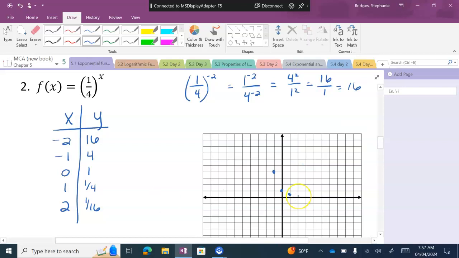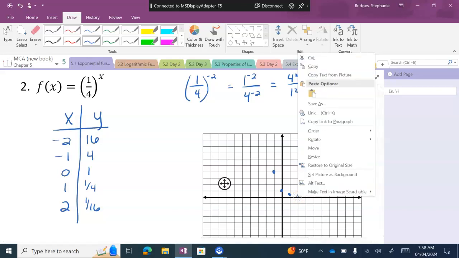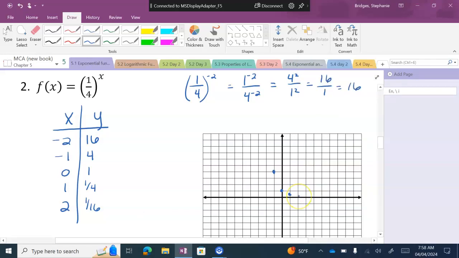For some reason, it's not wanting me to put those dots there. As good as it's going to get. But think about negative 2 and 16. That's going to be pretty high up on the next one, right? So it would be like way up here next to where my work is, wouldn't it? You see that dot that I just put up there?